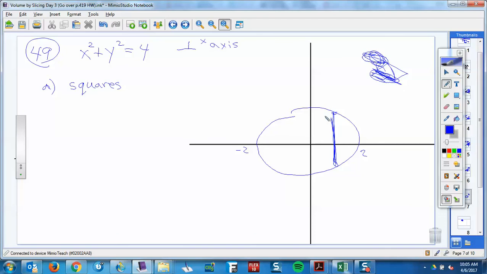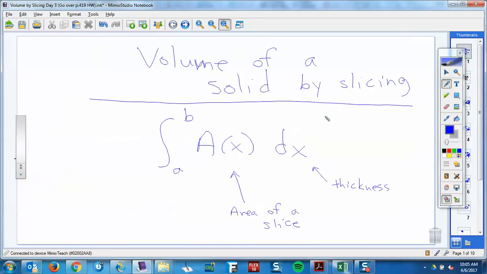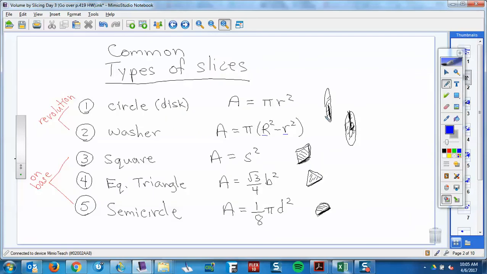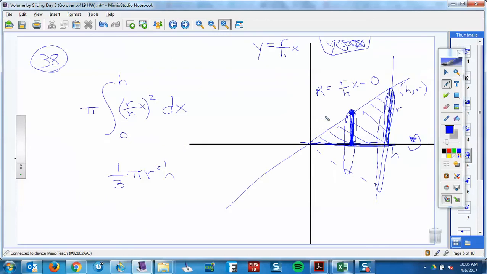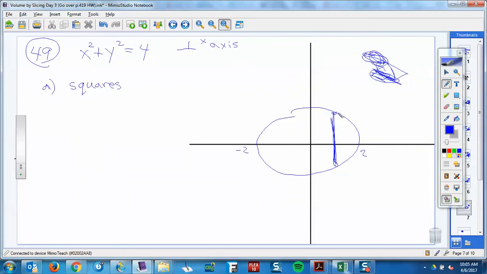But the idea is, if we understand this, all we need is the area of what a slice is, and the slice is a square. So the area of a square is just S squared, where the strip is one side of the square. So all we really need is, what is this strip? Well, the length of this strip is this y value. What's this y value up here?